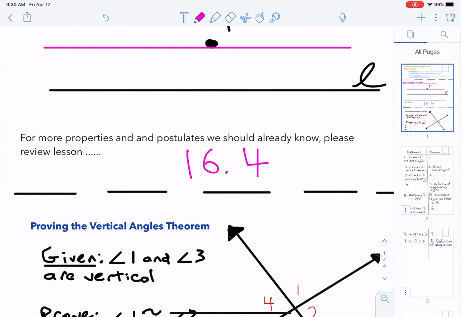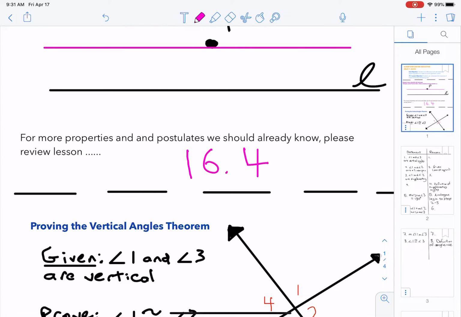That was a lesson that we did last term or second term on deductive and inductive reasoning, and you may remember that there was a whole bunch of properties that we looked at, memorized, wrote down in our math notes. Those included, among other things, the addition and subtraction properties of equality, multiplication properties of equality, transitive properties of equality. Hopefully you guys remember those. We talked about the linear pair theorem. There's a couple other items there. It's really worth looking back at lesson 16.4. It's going to help you.